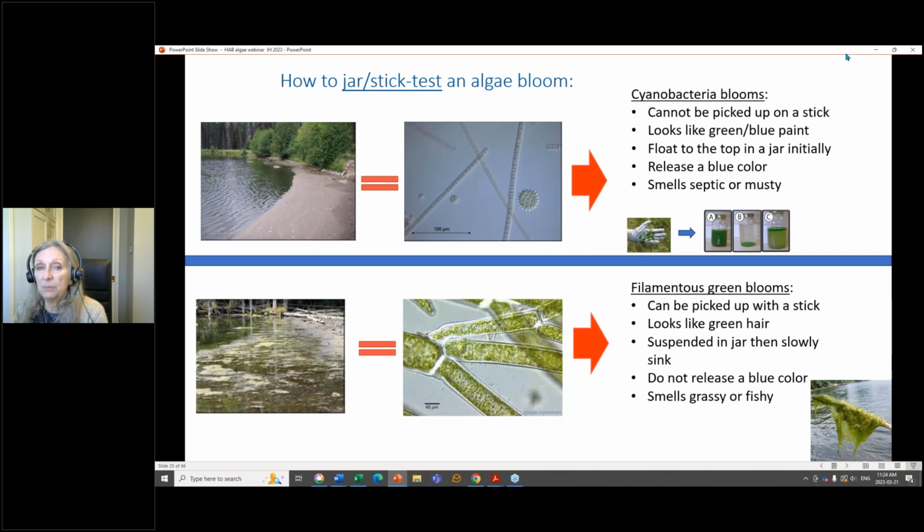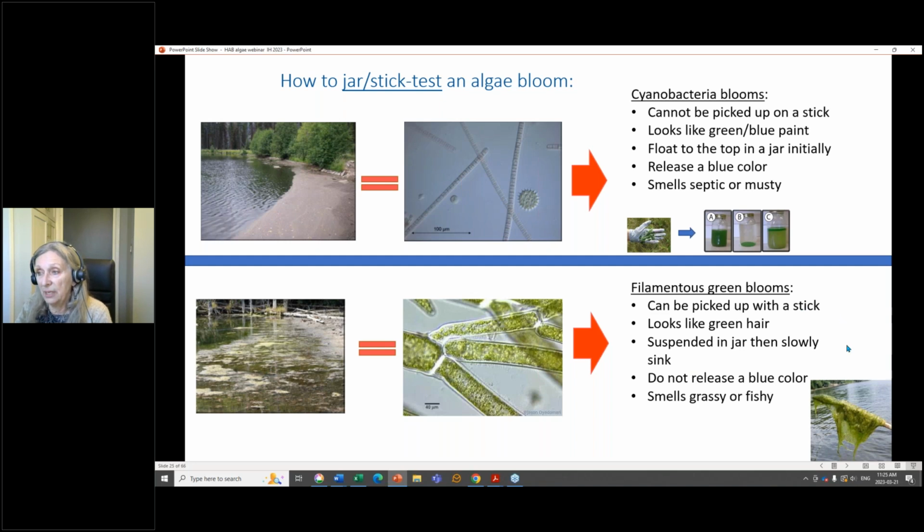It will release a blue color, and it will smell septic or musty. There's a very distinct odor to cyanobacteria blooms, owing to geosmin and 2-MIB that they can release. This is very different than the bottom half of the screen where you see a filamentous green algae bloom. Now this can be picked up on a stick.